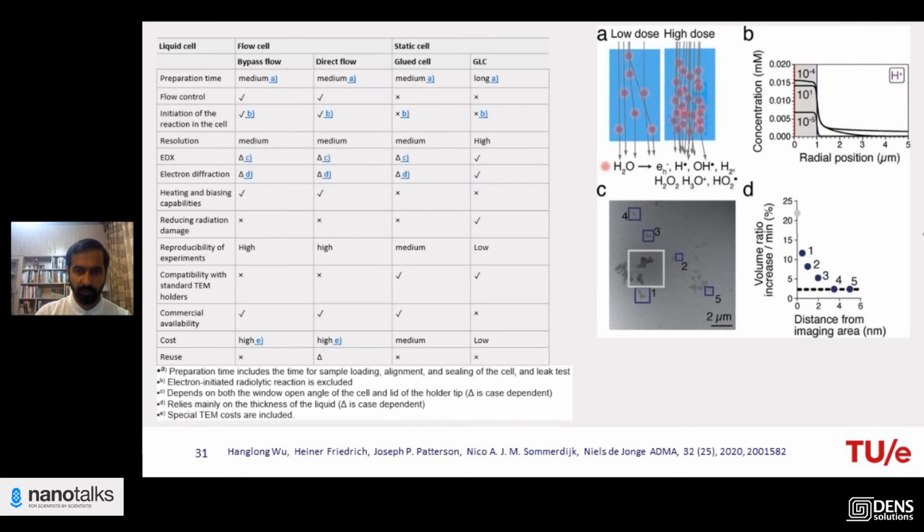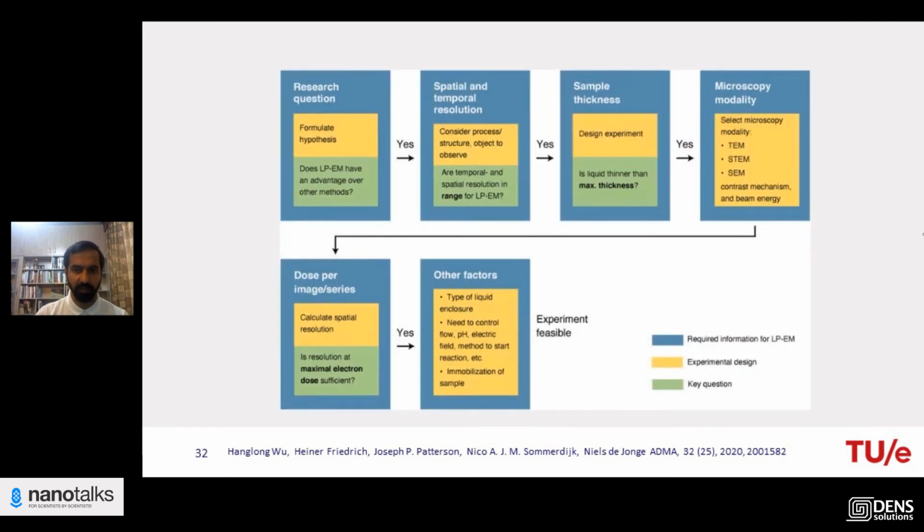So go through this review paper. It also has a flow chart telling you, if you want to do some electron microscopy, you can ask yourself whether LP-TEM could have an advantage for you. What is the temporal and spatial resolution range for your liquid phase TEM, and the maximum thickness of your system? Based on that, you can decide to go for TEM, STEM, or SEM.